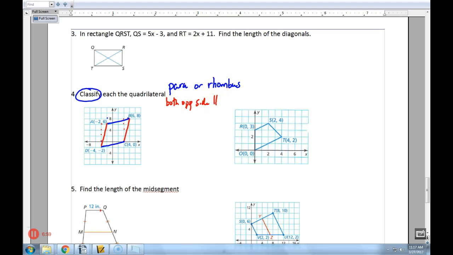Now one of the differences between these two, how do they differ? Well, this one's got 4 equal sides. So I have to find out how long each side is, and I have to measure it. Well, my slope actually helped me out. Both of these lines had a slope of up 4 over 1 or up 1 over 4.